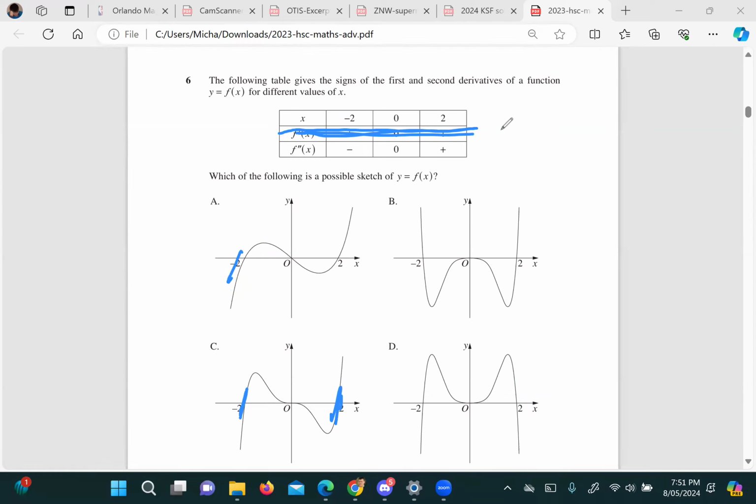Actually, no. Sorry. This is a little bit of a giveaway, but we can delete this part of the table.